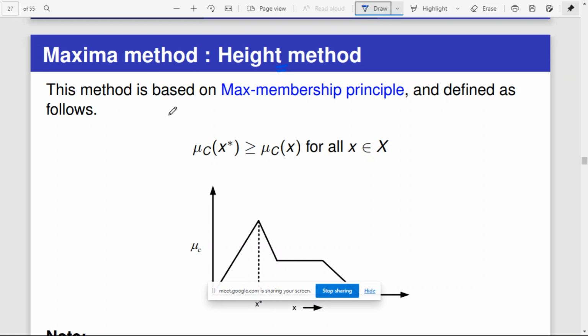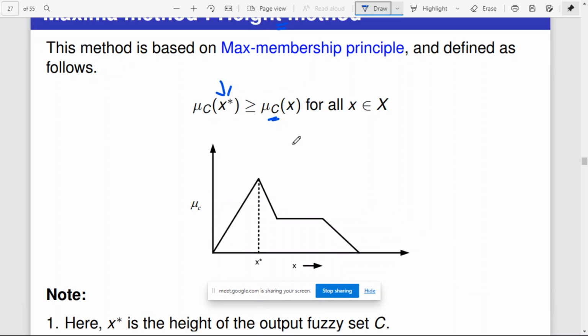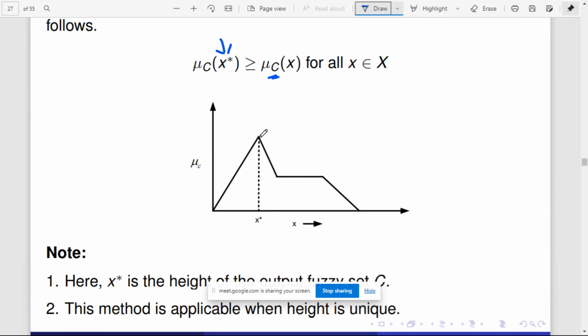The height method simply says that mu c of x star, where x star represents the defuzzified or crisp value, is the highest value of the membership function. Whatever value of x gives the highest membership value will be considered as the crisp value.